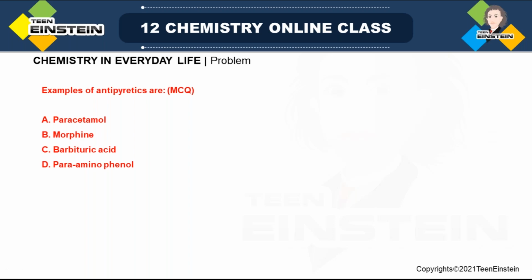Here we have 4 names: paracetamol, morphine, barbituric acid, and para-aminophenol. Now antipyretics, what are the examples that we have seen? Paracetamol is obviously there, so it should be a correct option. But is there any other correct option? Because it is an MCQ, more than one option may be correct, so we have to check. So paracetamol, option A, is obviously true.